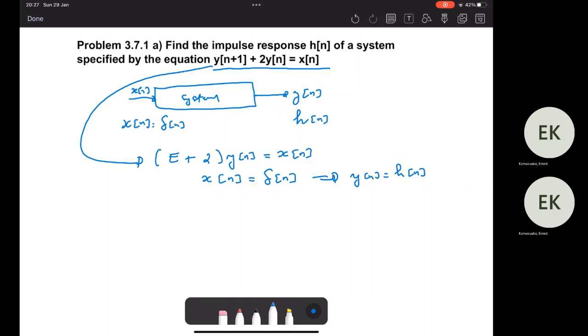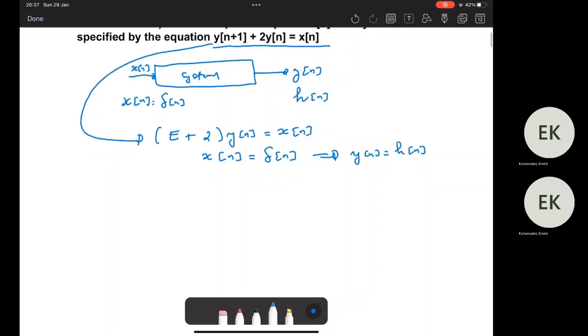We know that the delta function is very short in time. That means the response of the system, as demonstrated in the book, will be a combination of the influence of the impulse plus the characteristic equation, when x[n] is equal to 0, that means when the impulse disappears.